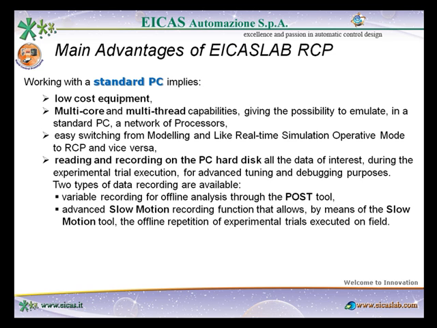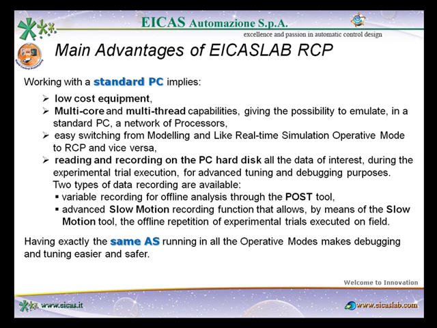Then, during the real-time RCP test execution, you can benefit of an advanced recording function called slow motion recording, based on a smart buffering system able to automatically record on the PC disk all the plant input-output and the host command data sent to the controller, to be then processed offline by applying the slow motion technique. Such a technique works like a sort of moviola, allowing the offline repetition of the experimental trials executed on field through the slow motion tool.